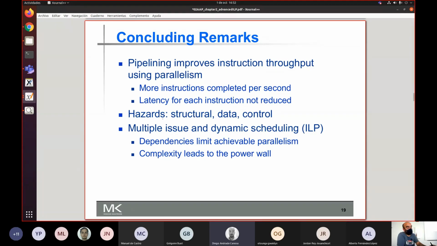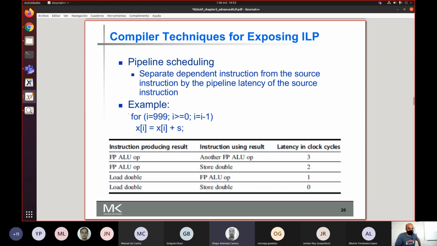Something that can be done for exposing instruction level parallelism is to apply some techniques to the source code or to the machine code. This can be done by you as a programmer, and you can try this yourself, or this can be done by the compiler itself. Actually, if you don't do it, probably the compiler is going to do it for you.